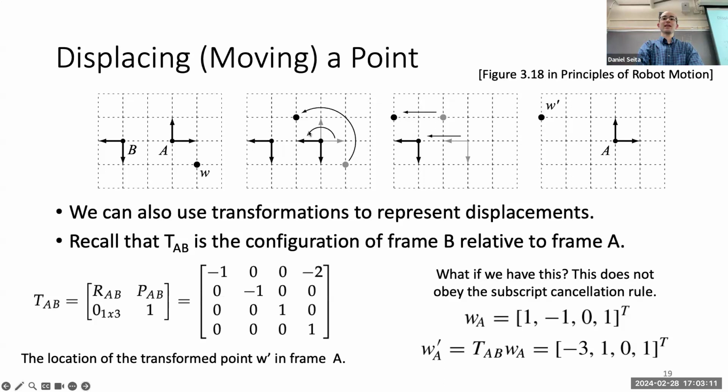You could try going -2 here, or you should go the other way, right? But when you do the matrix algebra, you'll see that it would go to the left here. So this is how you go from W, which rotates here, and then it translates, and then you get W prime.